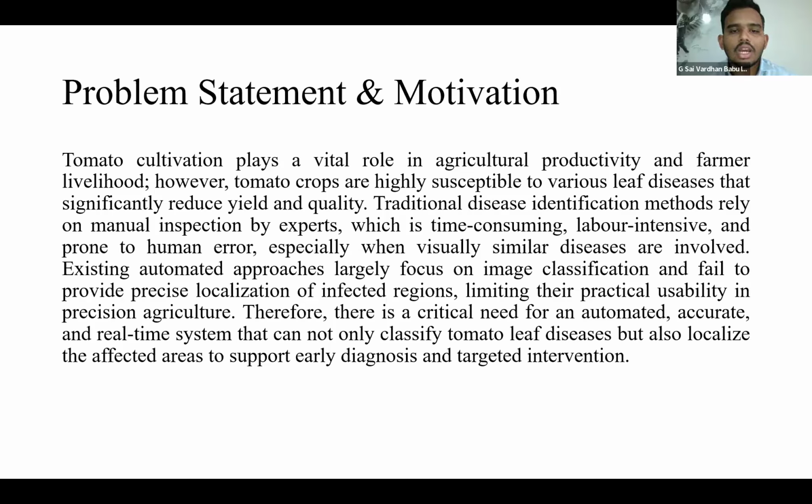Manual inspection can lead to a lot of human errors, and it is also time consuming. So the need of the hour is to build a good deep learning model based on precision agricultural techniques to identify tomato diseases, and also localize bounding boxes of high intensity diseases.